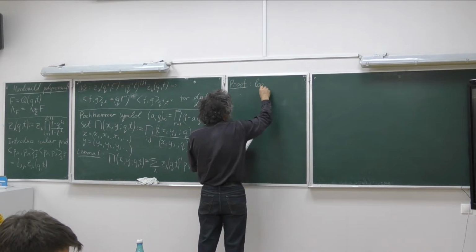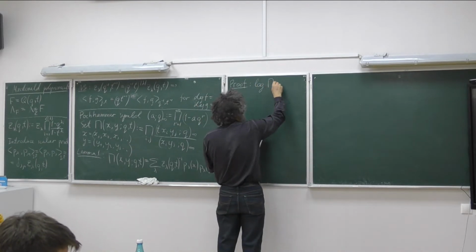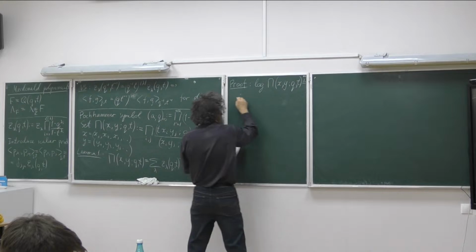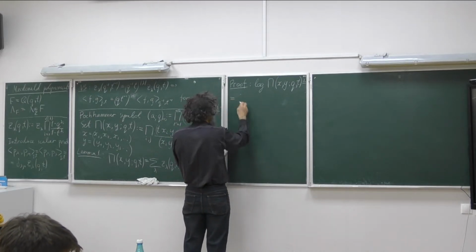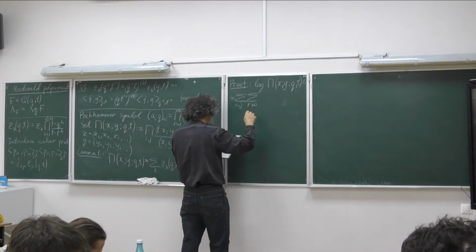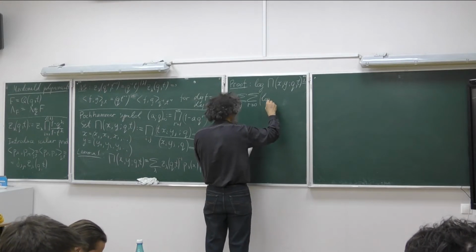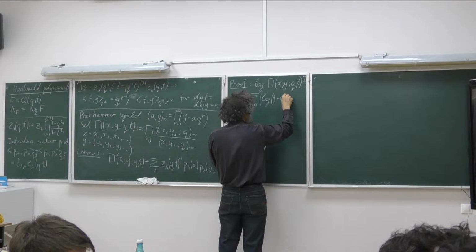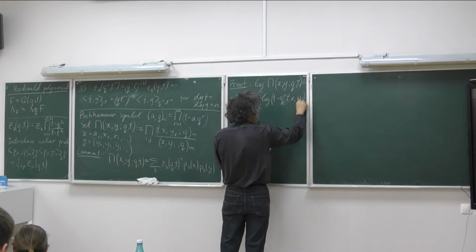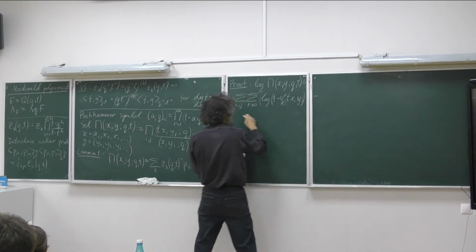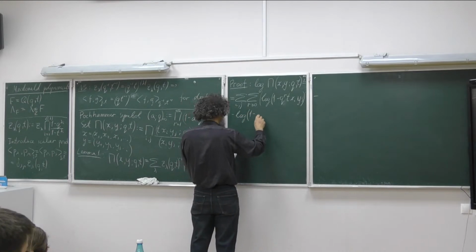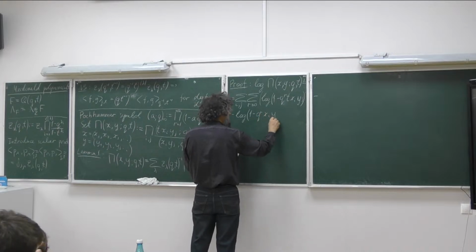So we consider the logarithm of this infinite product. And this logarithm is the sum over i and j, the sum over r, of the logarithm of 1 minus q to the r t x_i y_j, minus the logarithm of 1 minus q to the r x_i y_j.